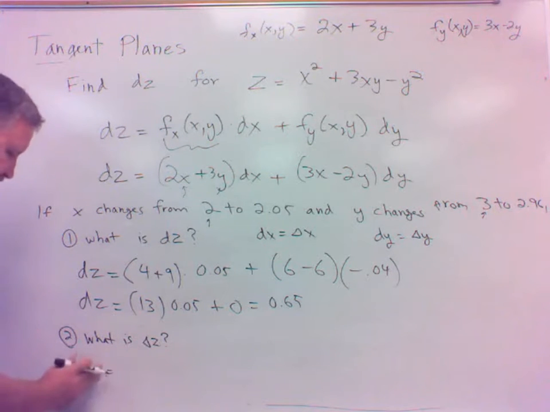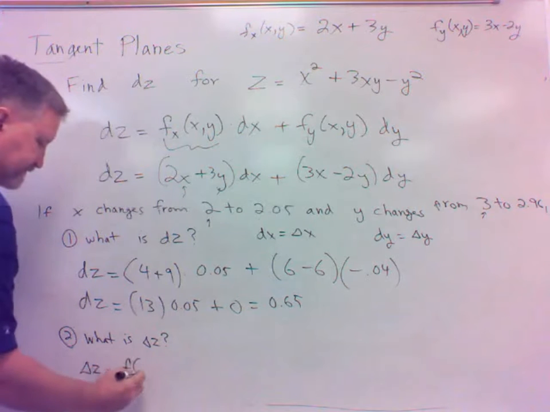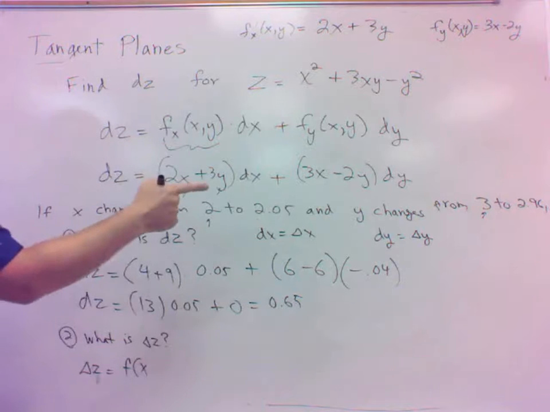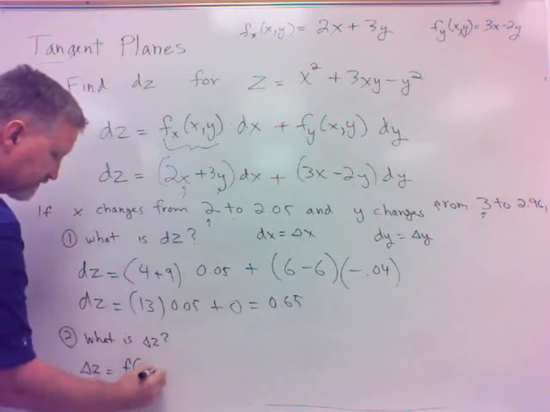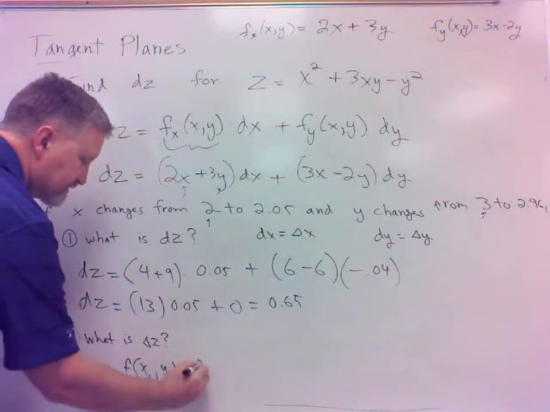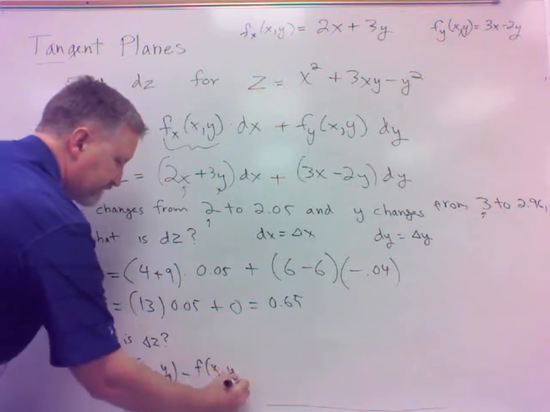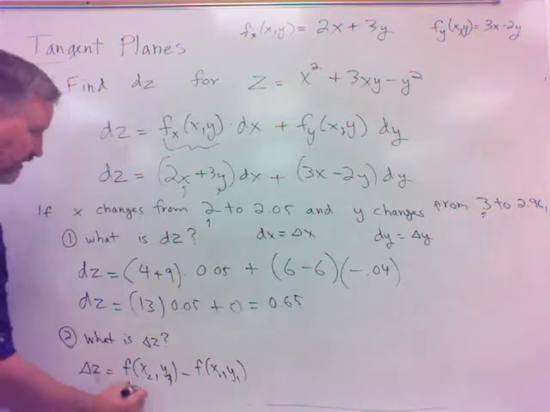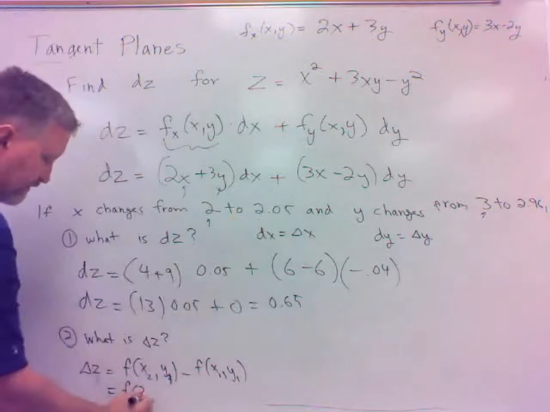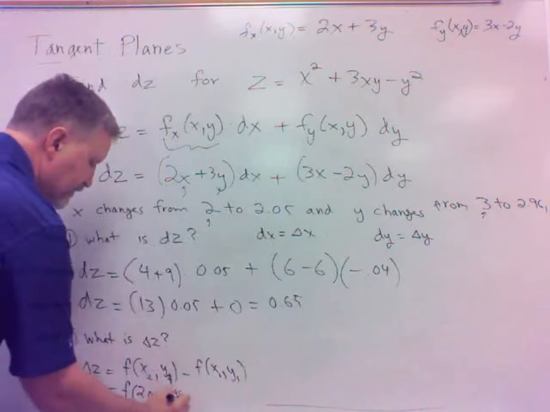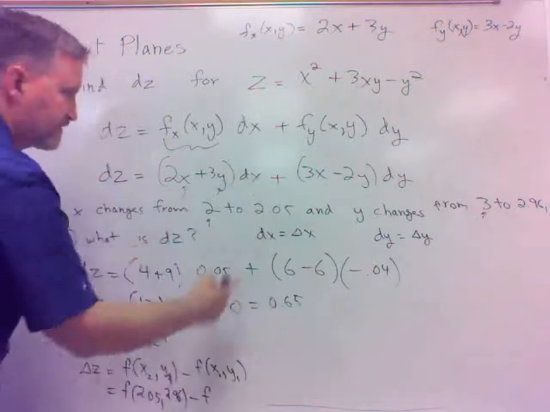Yeah, delta z is just the difference of the second x value, y value, minus the first x value, y value. So that would be f of 2.05, comma 2.96, minus the first x value, which is 2.